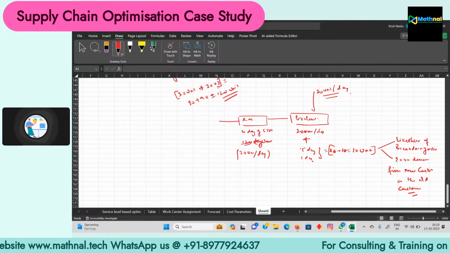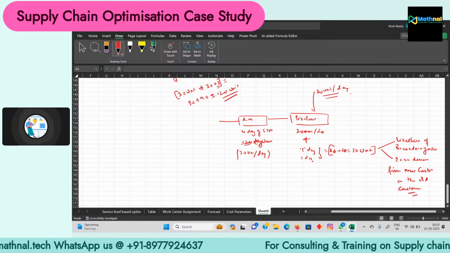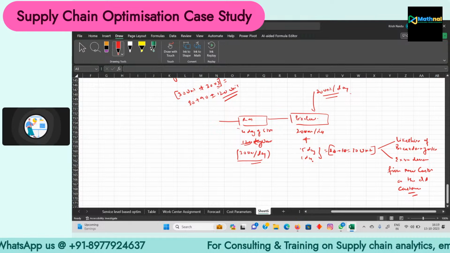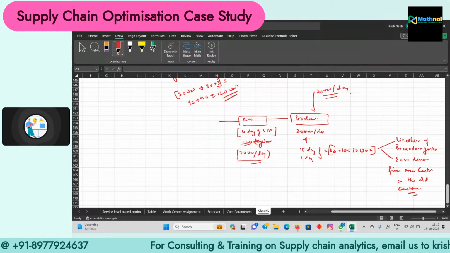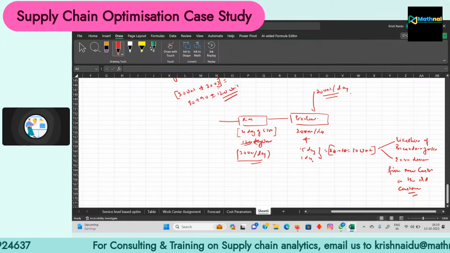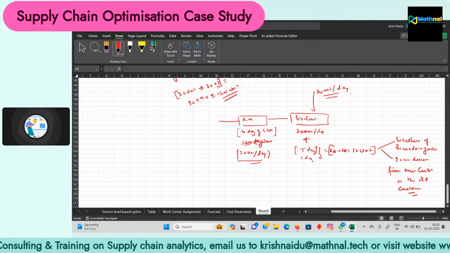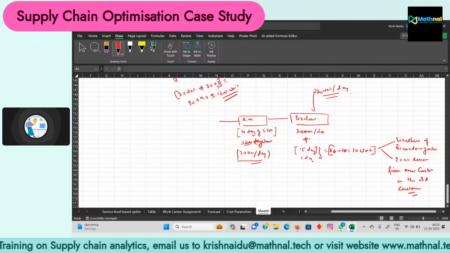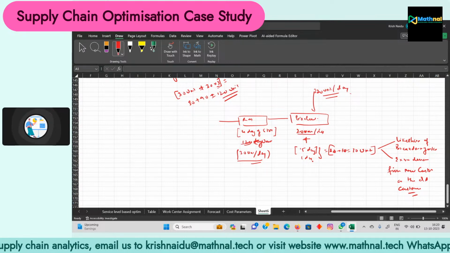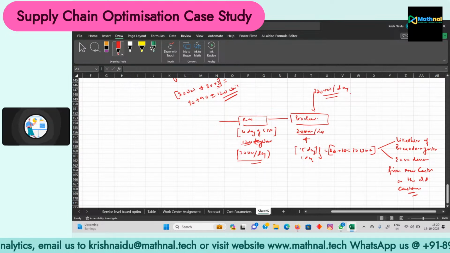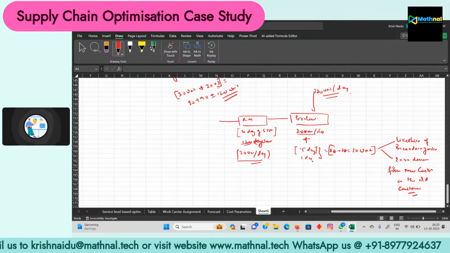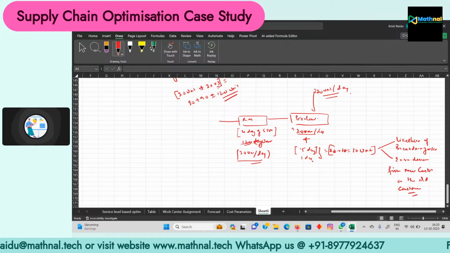Now, looking at the ratio, for raw material we are going with 3 days safety stock, and in the case of production we are going with 0.5 day additional stock. The forecast is 20 units per day, but we are not going to produce just 20 units per day. We're going to produce more than 20 units per day, but not less than 20 units. That is one of the constraints we're going to give.